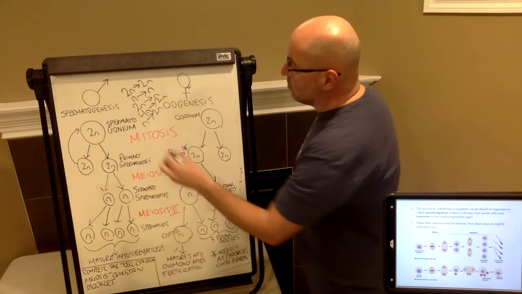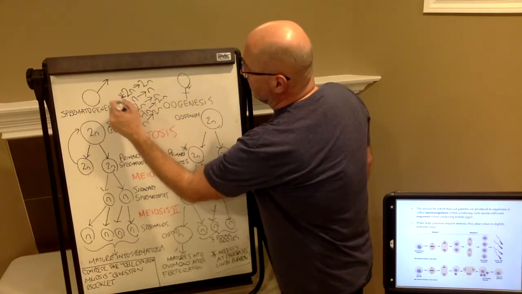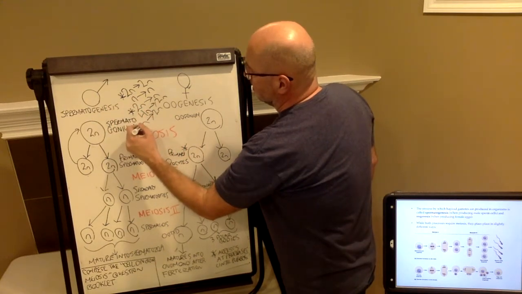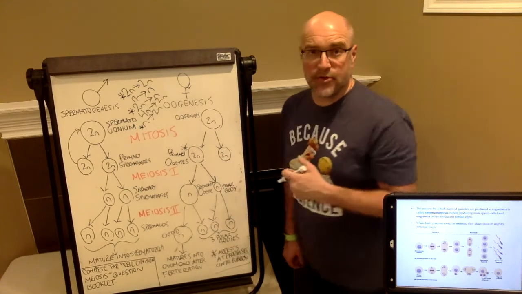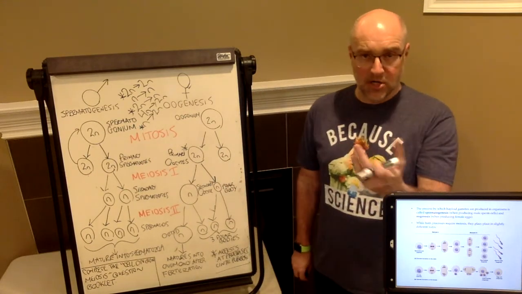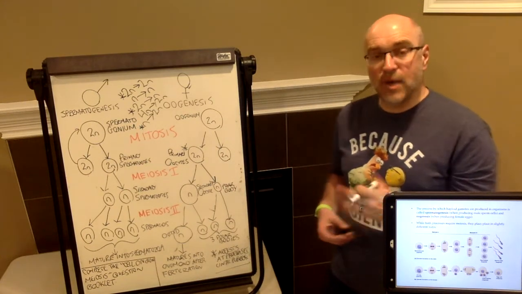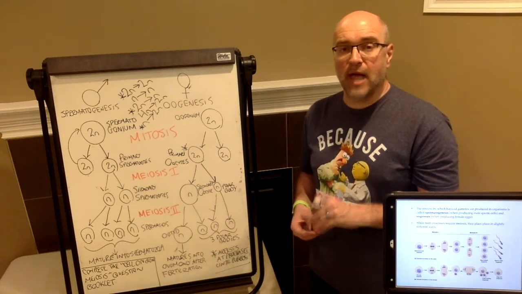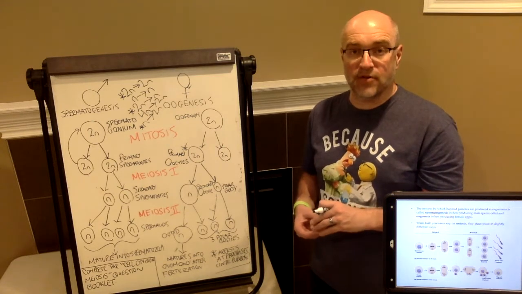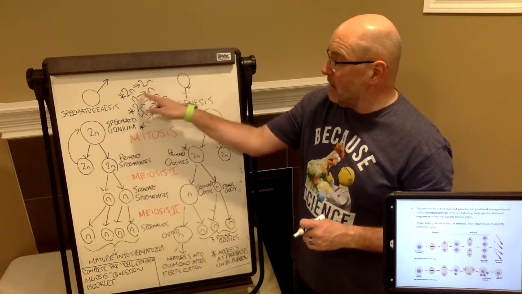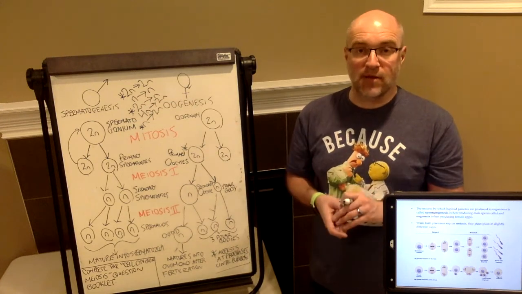So again, the most common ones you're going to see are these, right? 2N to 2N is going to be mitosis, 2N to N is going to be meiosis, and then N to 2N is going to be fertilization. But be aware, if the N's equal each other, that's going to be mitosis.